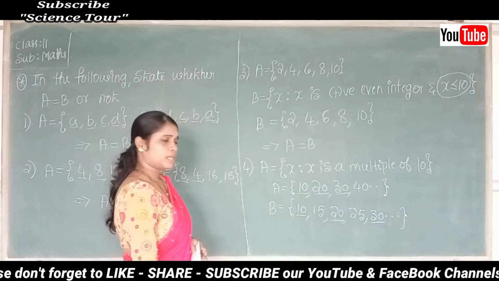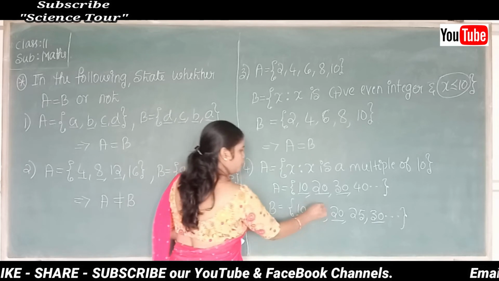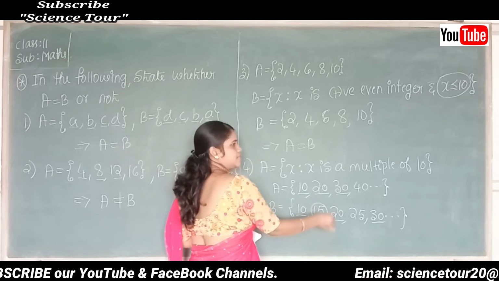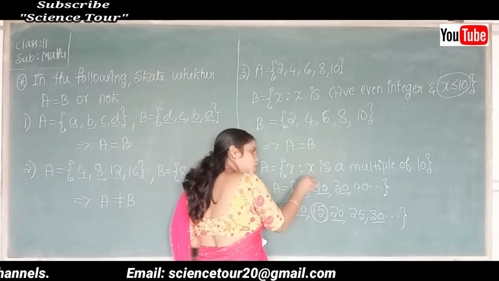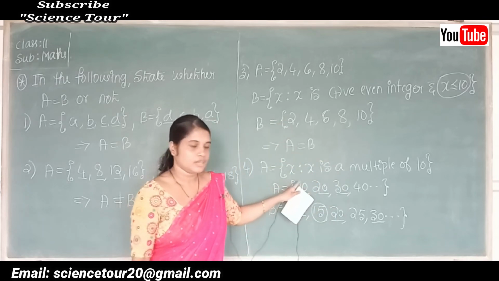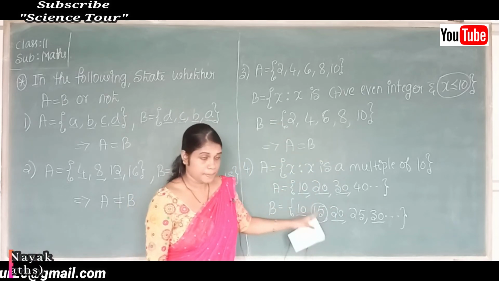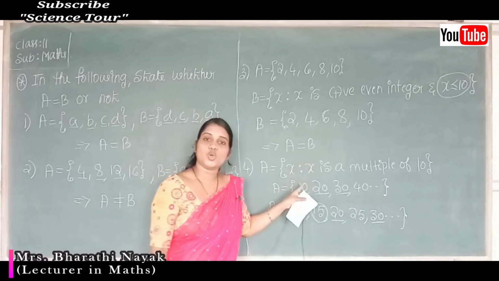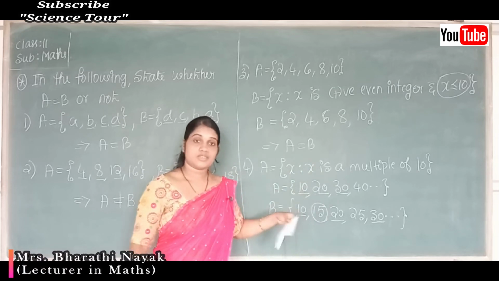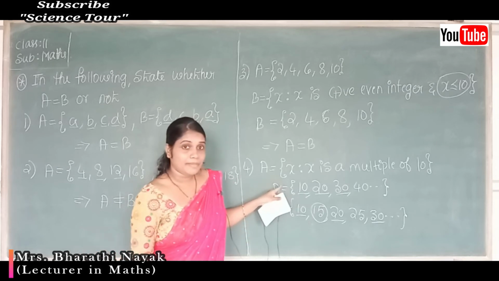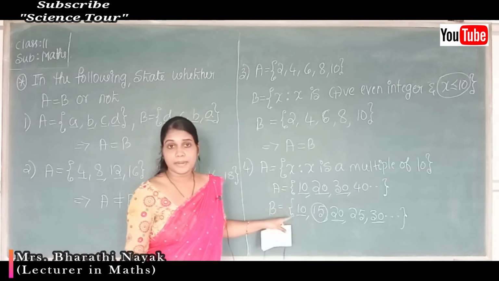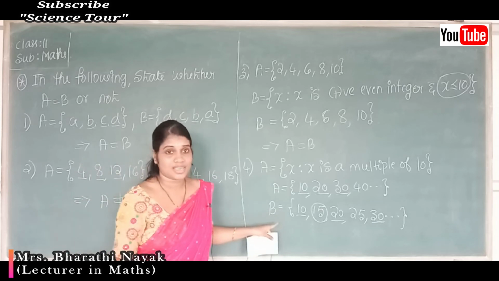But can you observe 15 is included in set B. But that 15 is not included in set A, isn't it? 15 is in set B, but that 15 is not included in set A, right? So what is the meaning of this? Once again, the elements of the set A and the elements of the set B are not same, isn't it?